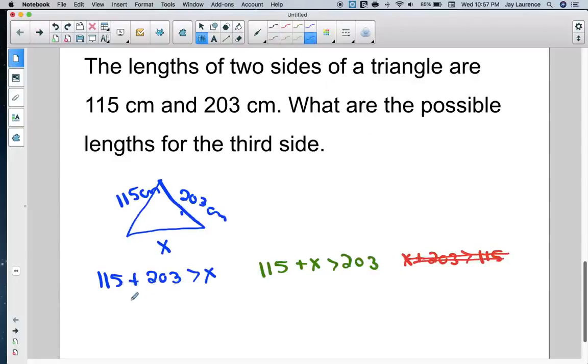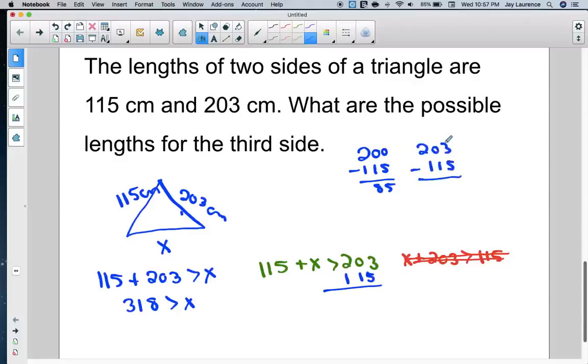If I add these together, I'm going to get 318 is greater than x. Here I have to subtract 115. Well, let me see here. If I had to do 200 minus 115, that would be 85. So if I have to do 203 minus 115, there's 3 more there.